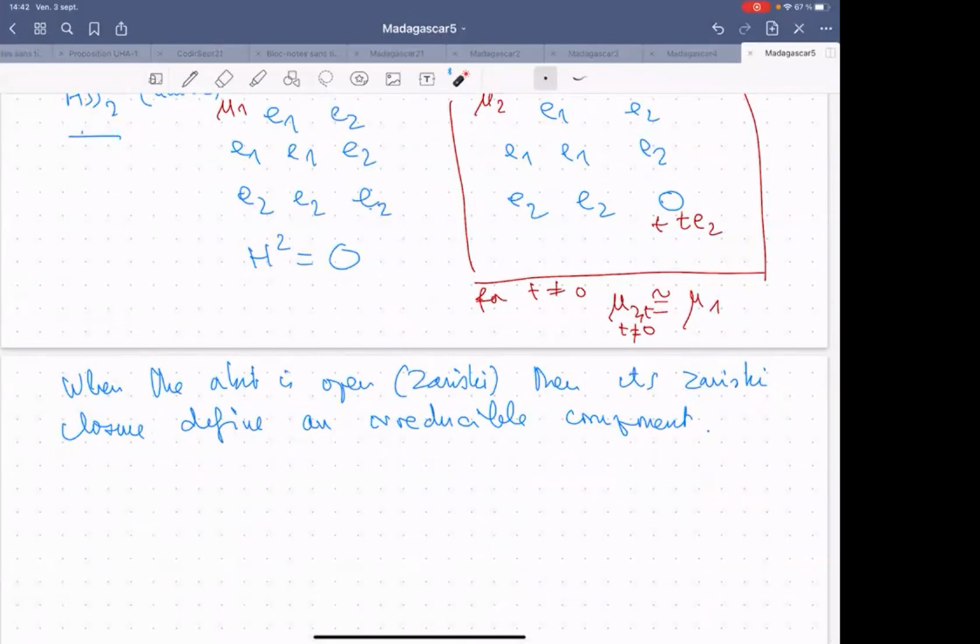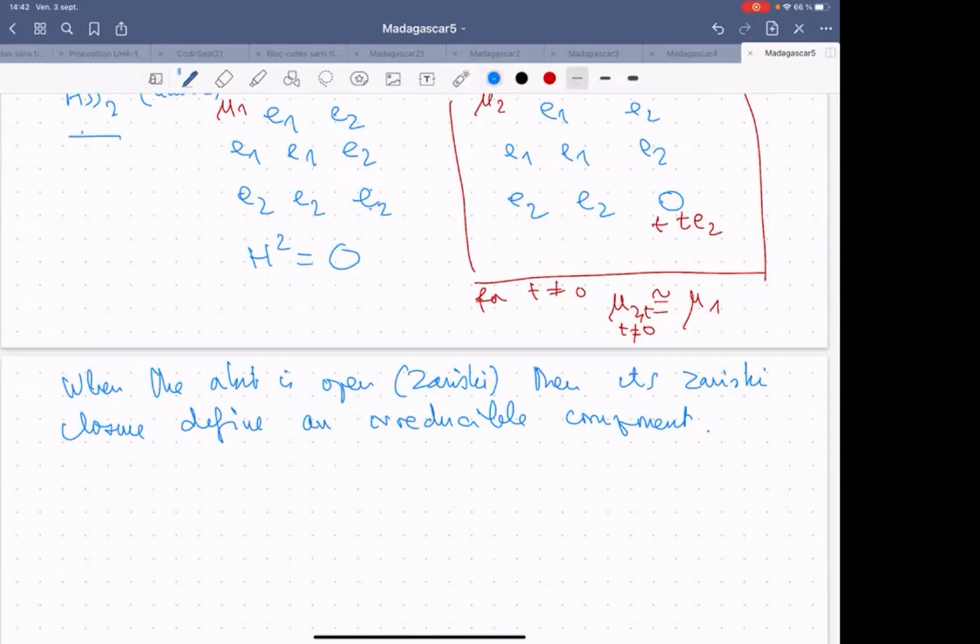Then, for example, the number of non-isomorphic rigid algebras gives you the lower bound of the number of irreducible components.